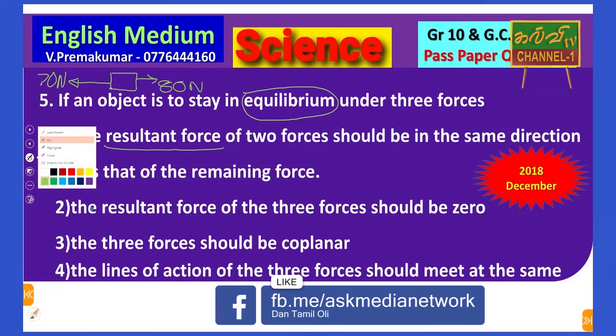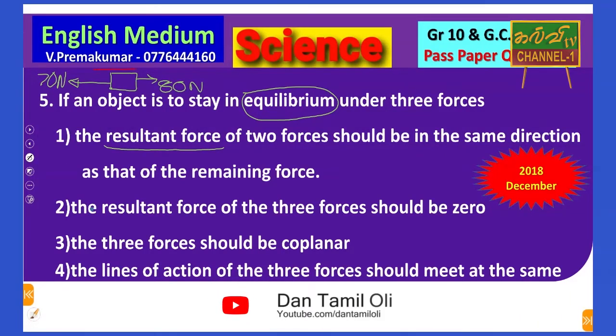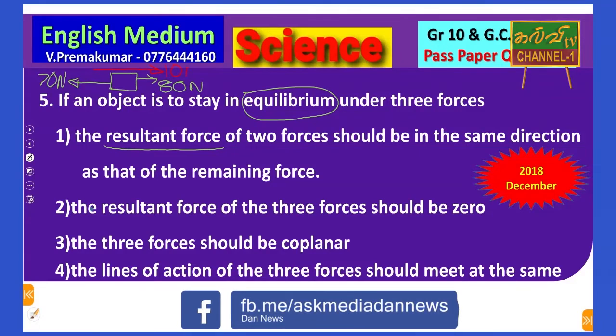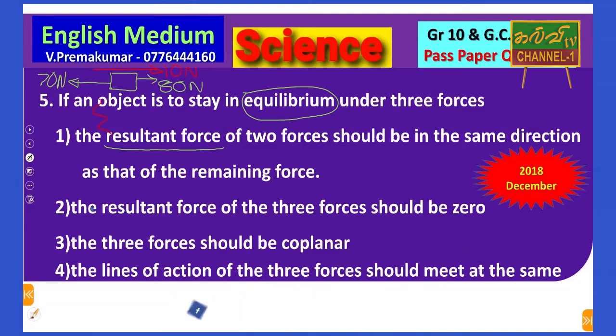So you can find the resultant force as 10 Newton, because 80 minus 70, this is the resultant force, right. So students must know what the resultant force is.